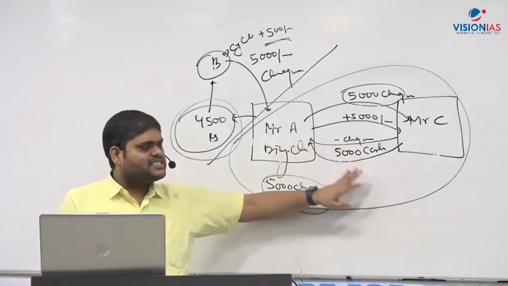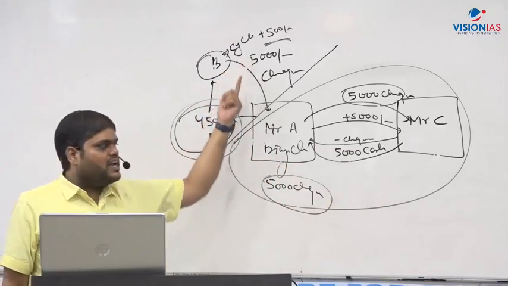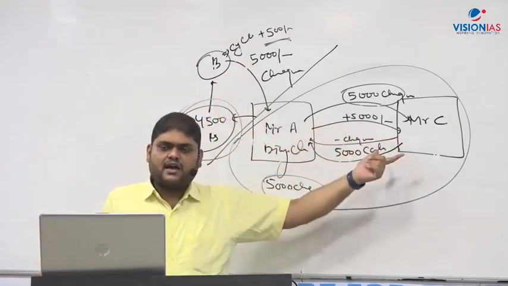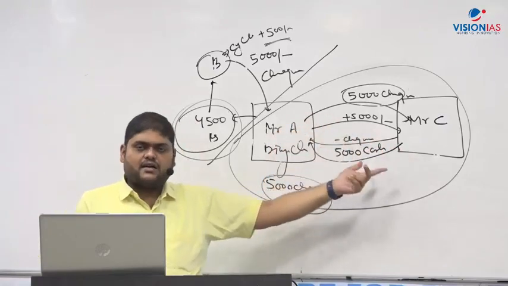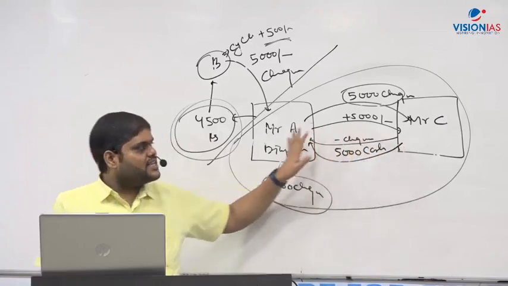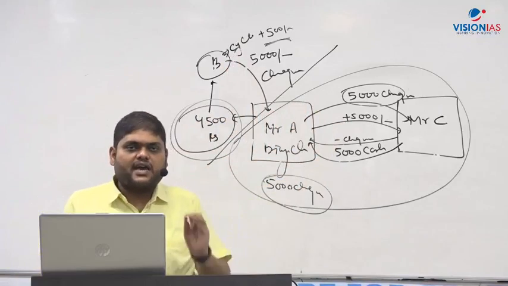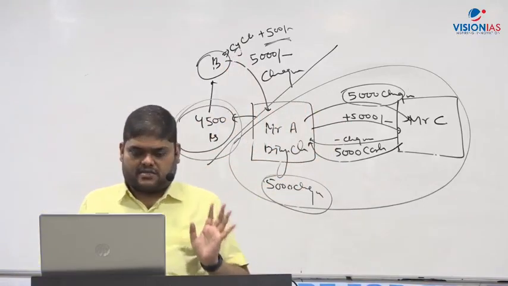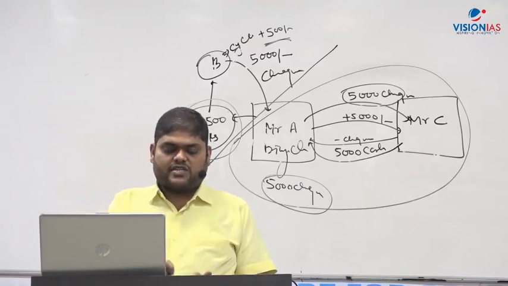Until you are giving something, only the exchange of money, and that money again comes back to the same person, there is no loss. In this case, the actual loss will be 5,000 rupees.